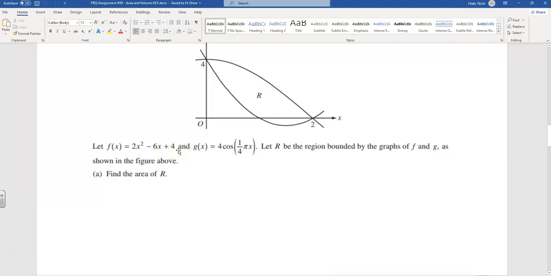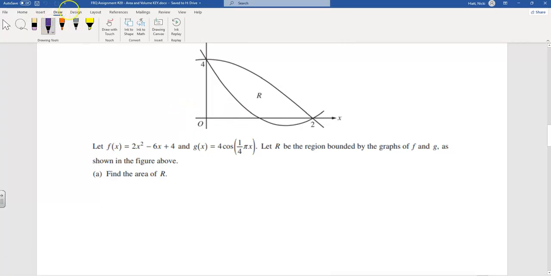Is it a happy face quadratic or a sad face quadratic? It's happy. Which one has to be the quadratic here? The bottom one. So this function right here, the one I'm highlighting or tracing right here in purple, that has to be f of x. And then the other one right here is g of x.